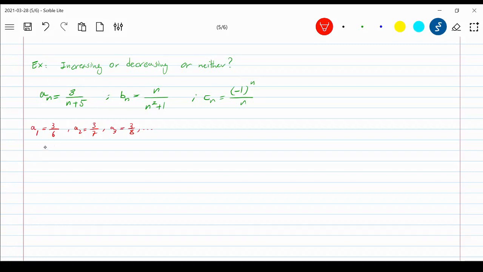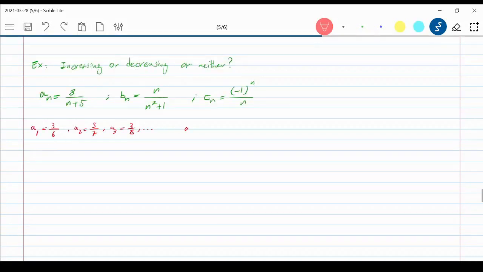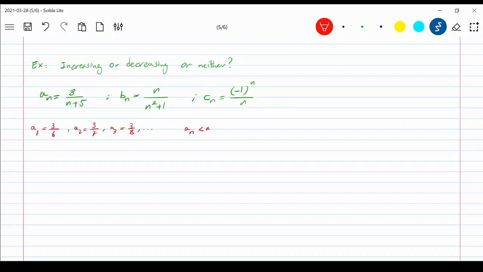So you can suggest that this is a decreasing sequence, but to prove it you have to show an is larger than an plus 1, since you're claiming this is a decreasing sequence. And how do we find out if it's true or not?